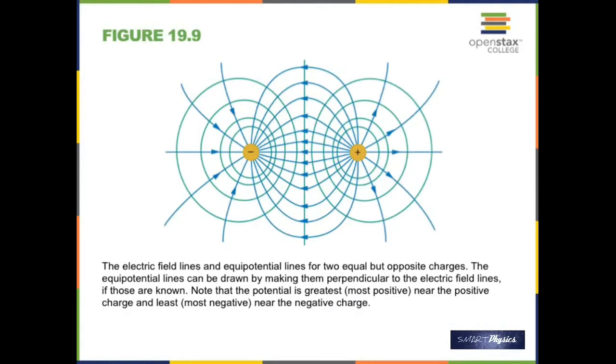Well, this just shows how the electric field lines and equipotential lines are for two equal but opposite charges. Remember that the equipotential lines are always perpendicular to the electric field lines. And the potential is positive near a positive charge and negative near a negative charge.